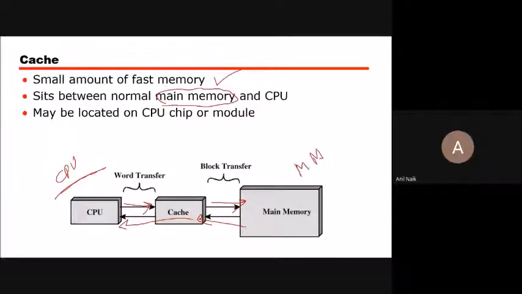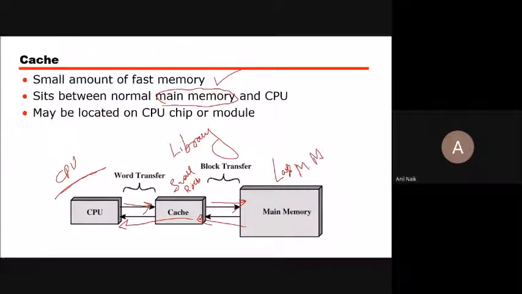Okay, like in a library, if you consider a library, what happens? There is a large number of racks, the main memory, and there is a very small rack near the librarian.